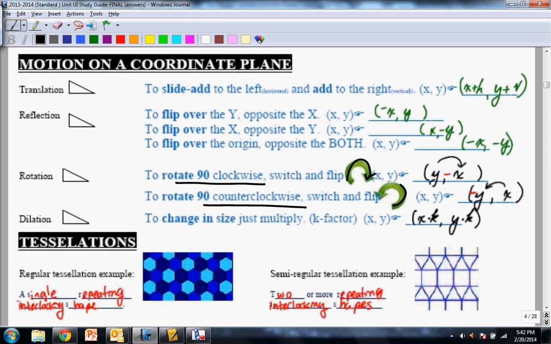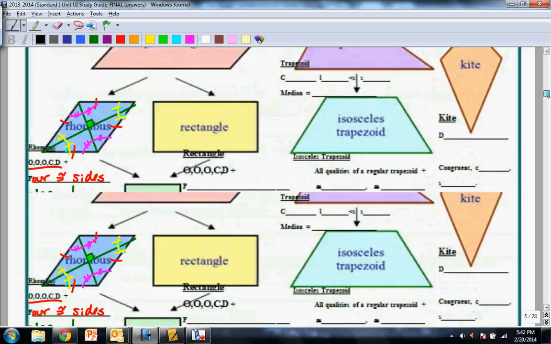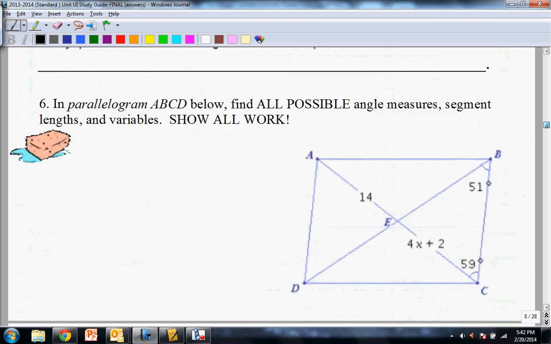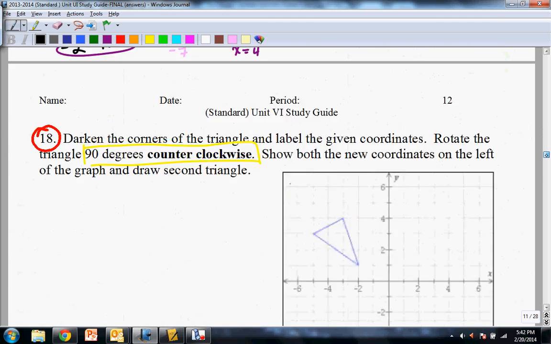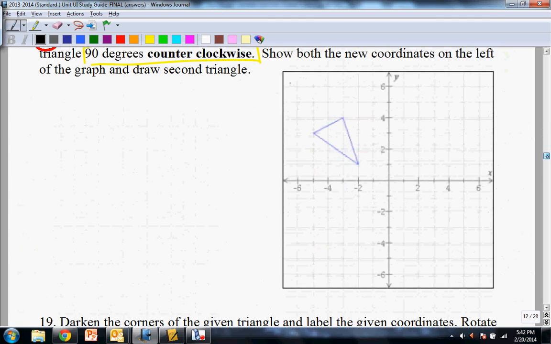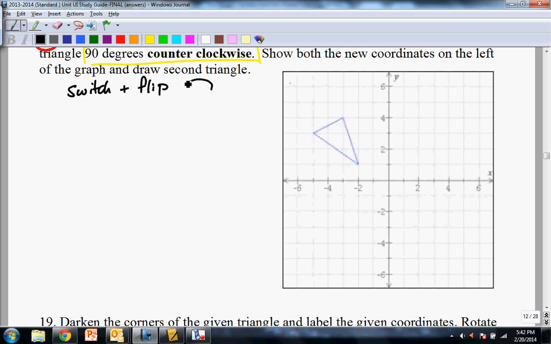To rotate 90 counterclockwise, switch and flip to the left. So we're going to switch and flip the sign going counterclockwise, which is to the left.